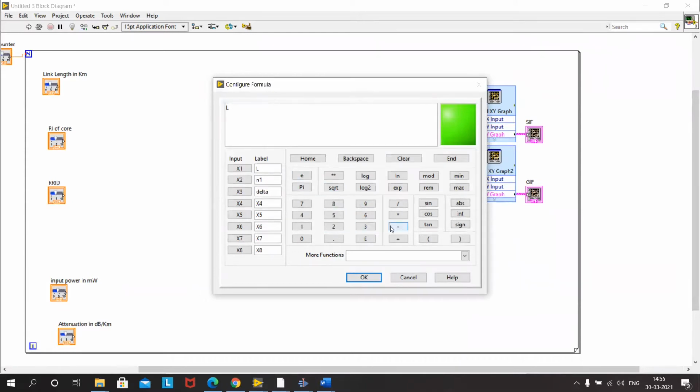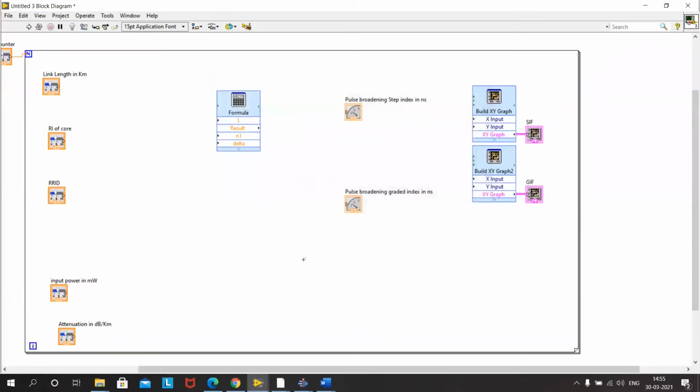Now the pulse broadening is L into n1 into delta divided by 4 into square root of 3 into C, which is 3 into 10 to the power of 5 kilometers per second. We are taking kilometers per second because our length is also in kilometer. Press OK. Now connect the input terminals with the values on the formula board.